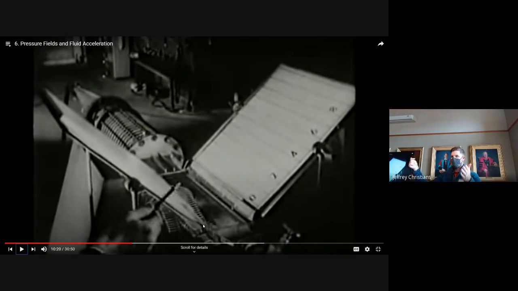And then there are holes along both sides of this thing, which are connected to tubes that go up these little inclined planes. So there are tubes all along this wall that just go up this inclined plane. They're just acting as manometers, measuring the static pressure.